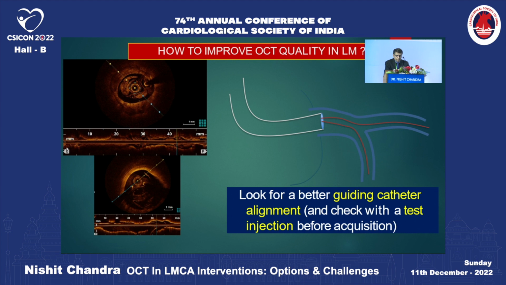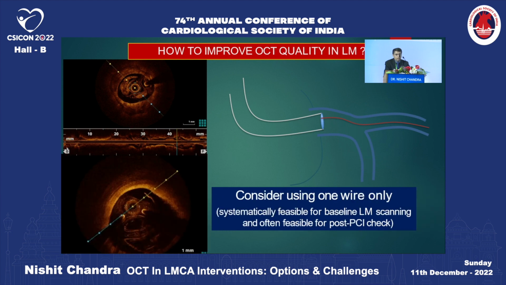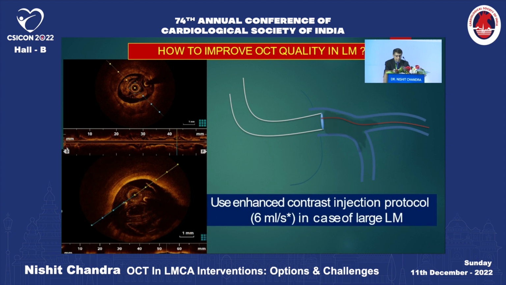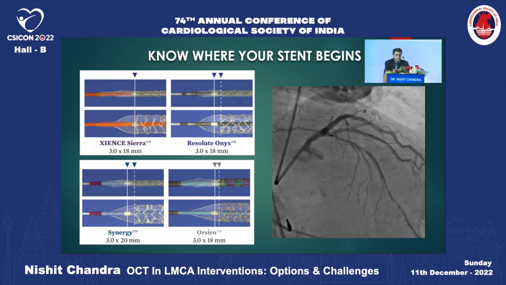Look for better guiding catheter alignment, and always take a test injection before starting OCT with one wire first, and then put a second wire for the second branch. Your injection rate should be higher. Sometimes you can use your guideliner also for ostial demonstration. And you should also know where your stent begins, for accurate placement.